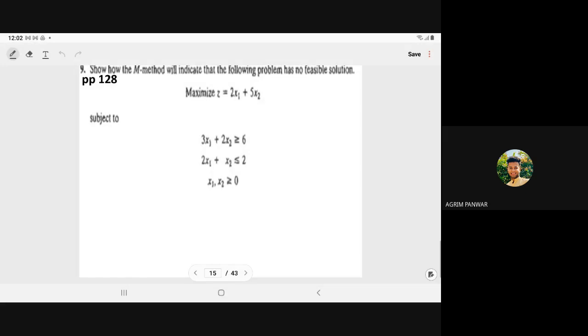In continuation of that, this is one special question: how will the M method indicate that the following problem has no feasible solution? Audio video is okay.